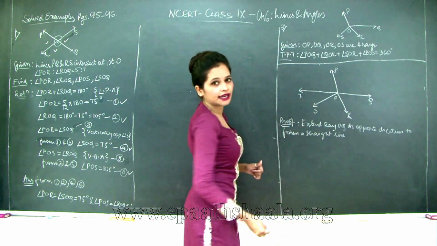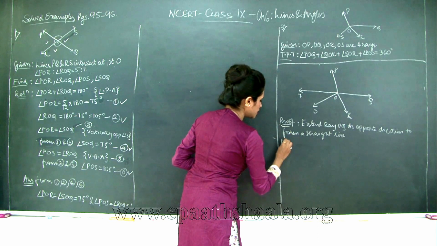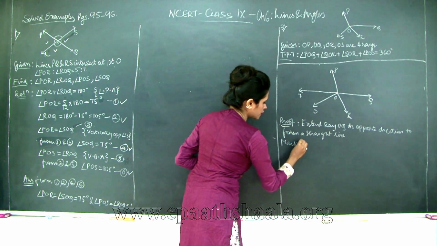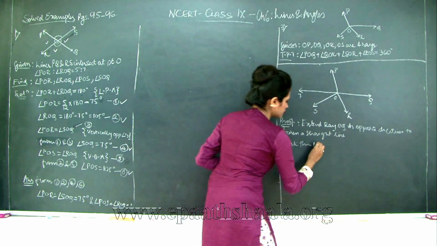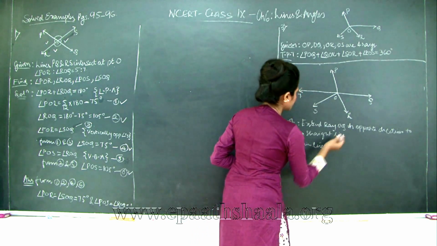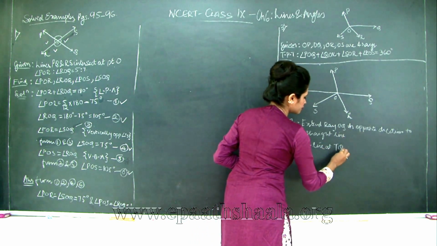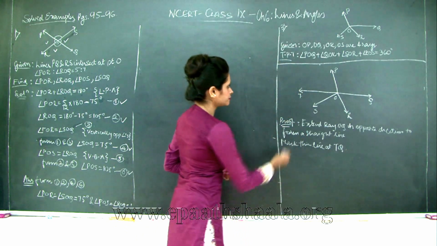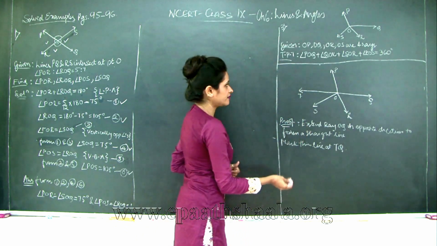Then mark the endpoint for this line, mark this line as TQ, correct? So this is the construction that we have done.